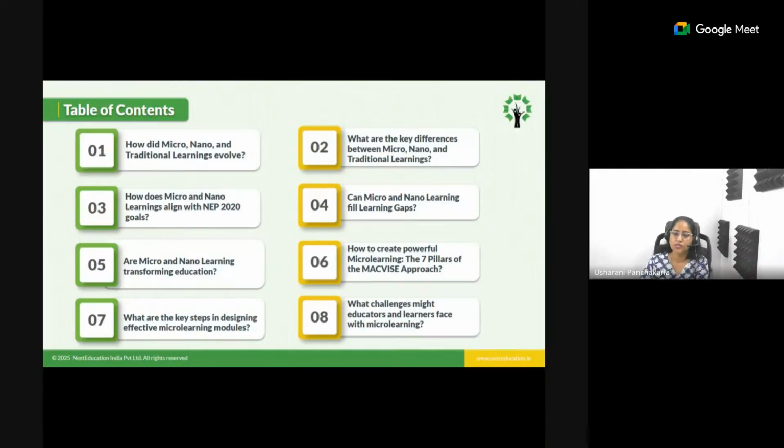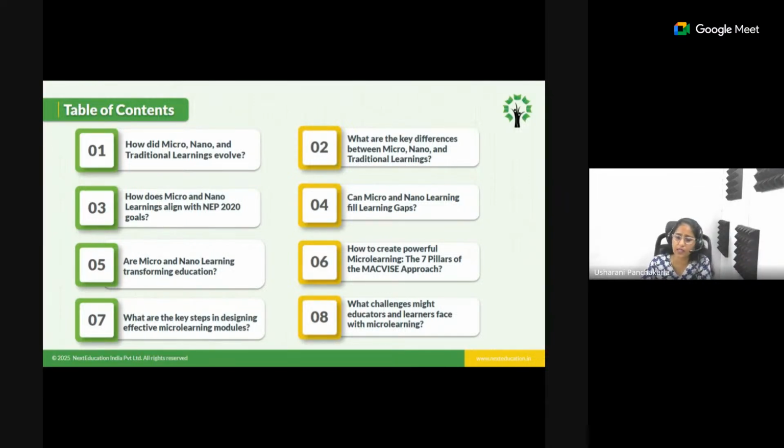Now, this is the TOC where we are going to discuss these pointers in our session. About micro, nano, and traditional learnings. How did they evolve? And the key differences between all these three. Then how do micro and nano learnings align with the NEP 2020 goals? And can micro and nano learning fill the learning gaps?